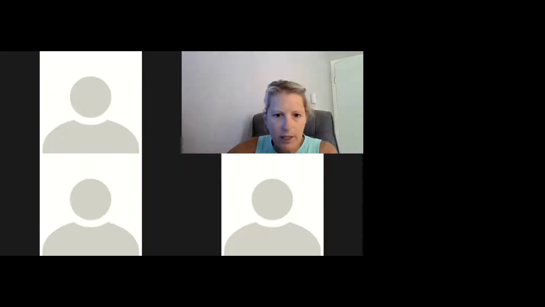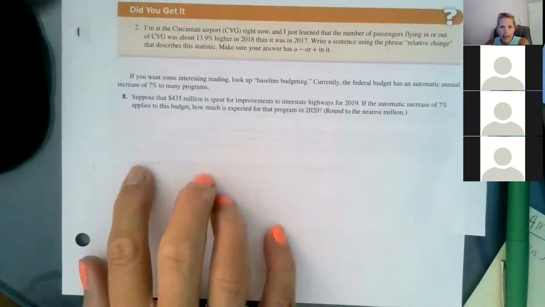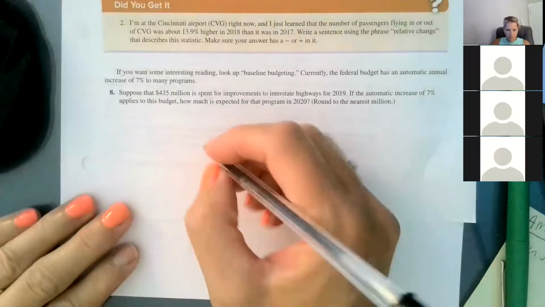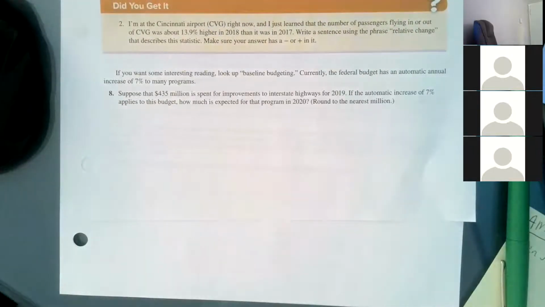Let me share my screen. Okay, so on number 8, what did you get if they really did give a 7% increase? Like 466 million or something like that. Was it 466? 465, one of them. I didn't round it up. I put the thousands in there too.